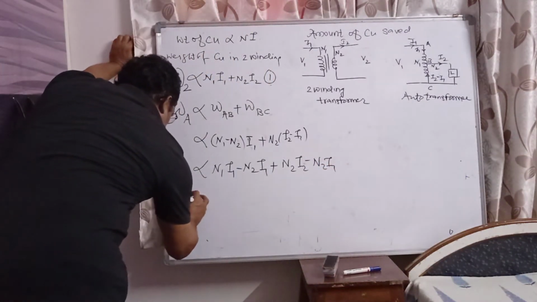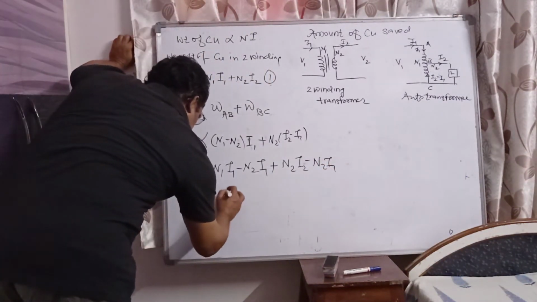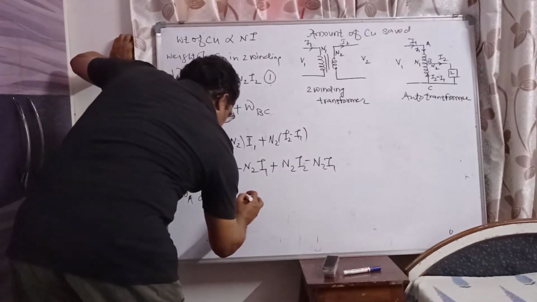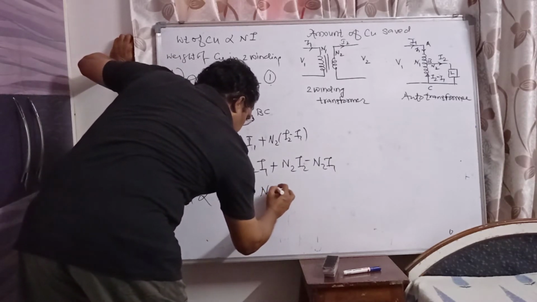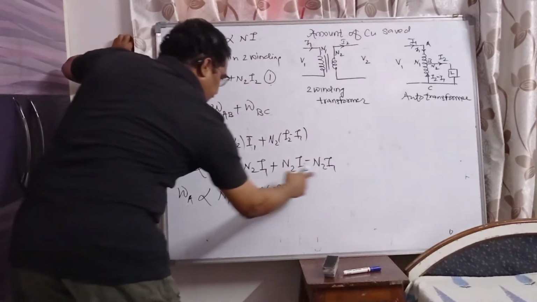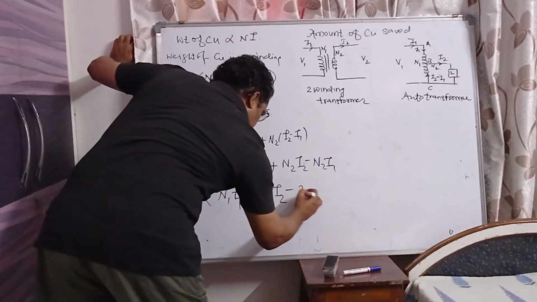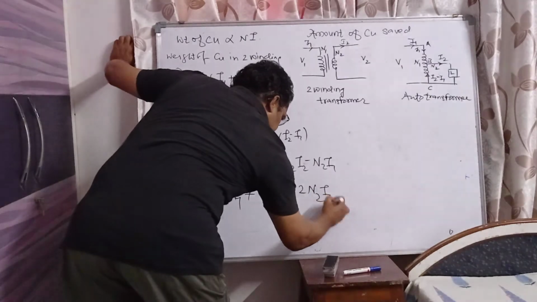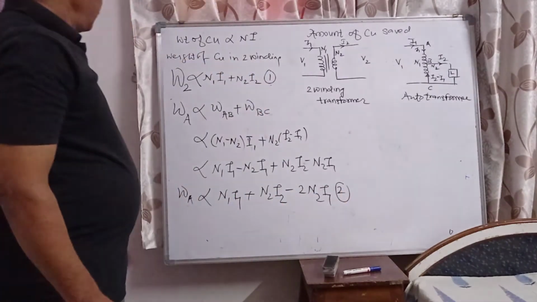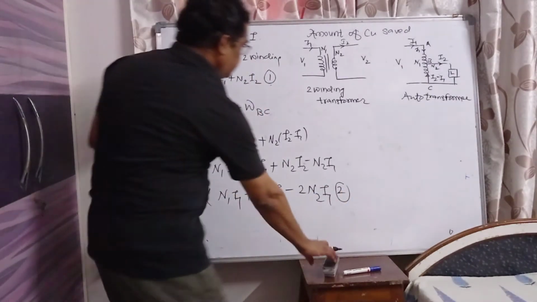So WA is proportional to N1 I1 plus N2 I2 minus 2 N2 I1. Suppose this is equation 1, this is equation 2.